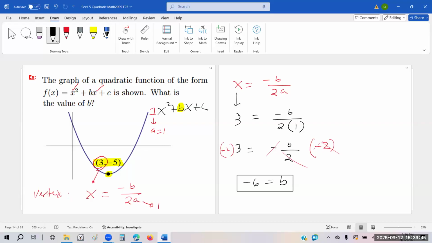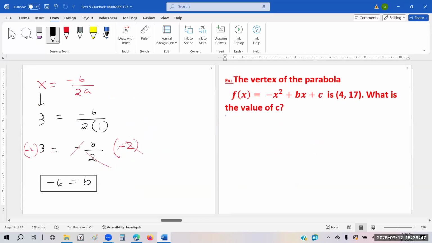The next one, we have 5 minutes. Try by yourself. Similar idea, but this time they want to solve for c. They gave you the vertex (4, 17). They gave you the equation. And now they want you to solve for c.